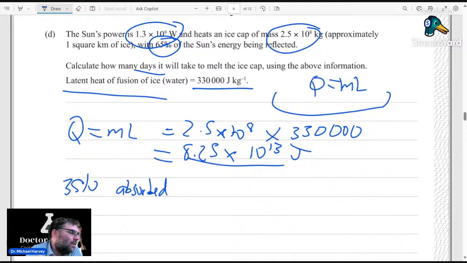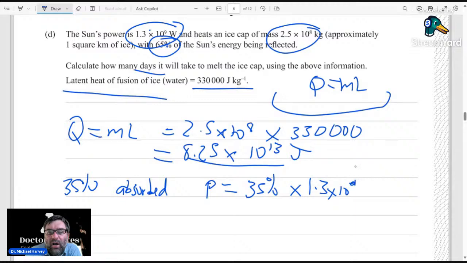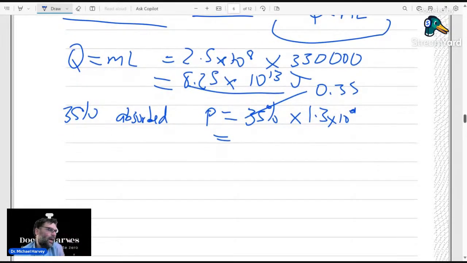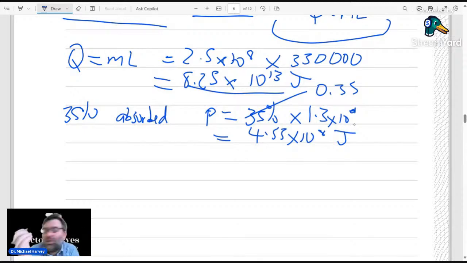So the power will be 35% times 1.3 times 10 to the 9. 35% is 0.35, you just plug in the numbers. And that will be 4.55 times 10 to the 8, which is how much power is actually being absorbed.